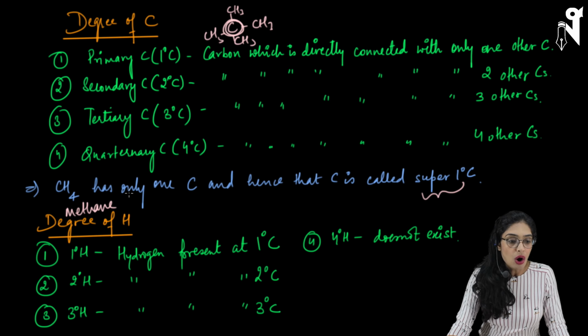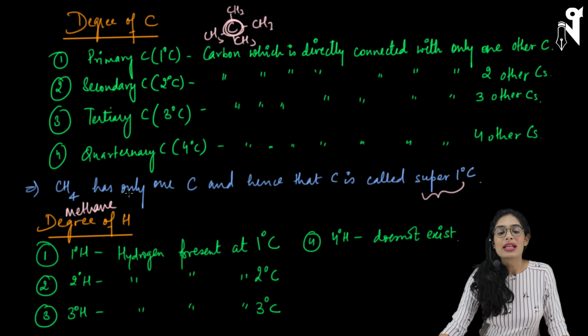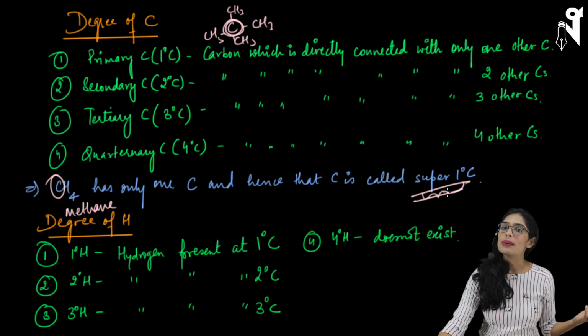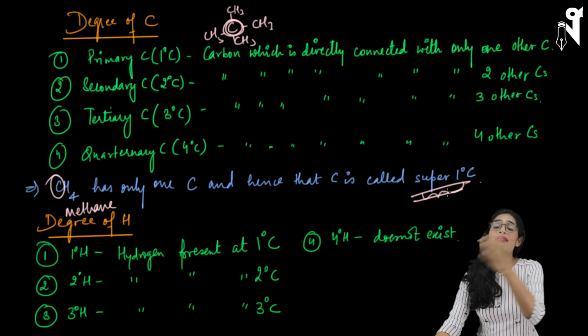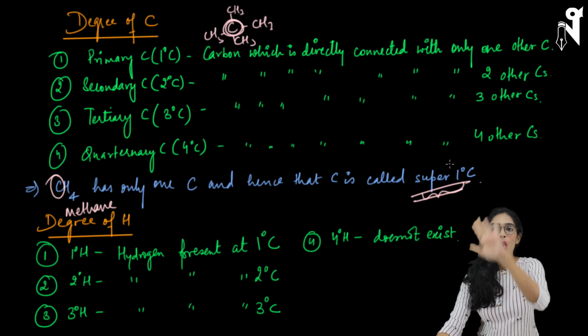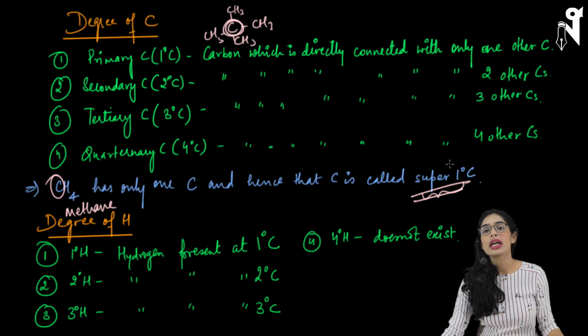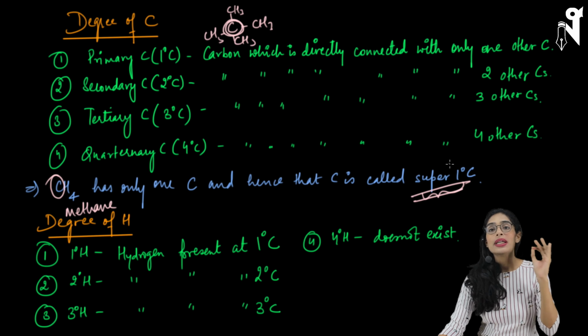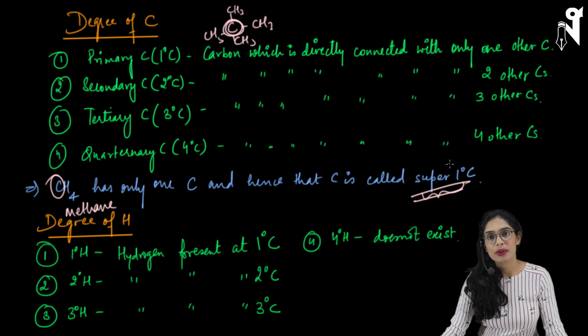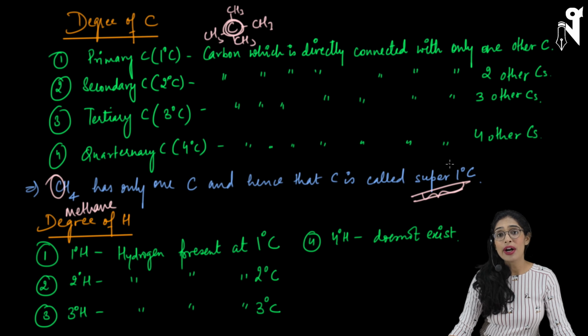That is why the carbon of CH4 is called superprimary carbon. Superprimary carbon is nothing else but the primary carbon itself, but a primary carbon always has one neighbor as carbon, whereas here it doesn't have any neighbor as carbon. It has all the four bonds linked with hydrogen only, and the term superprimary carbon is only and only valid for methane. Okay, let's talk about the degree of hydrogen now.